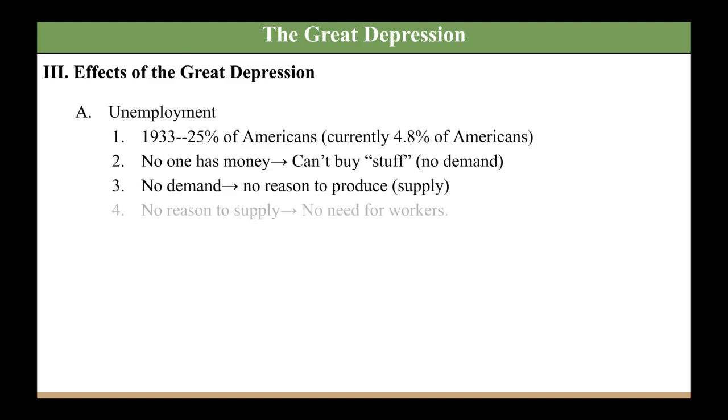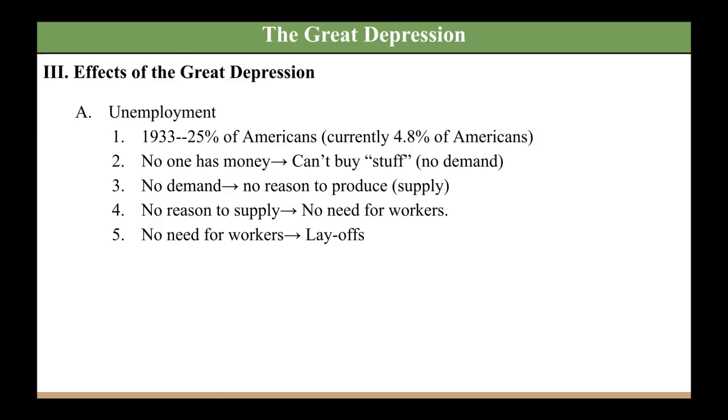And so when there's no reason to produce supply, they don't have a need for workers. They need fewer and fewer people to create fewer and fewer things to be sold, right? And so when there is no need for workers, we have layoffs. We have significant people being put out of jobs, being laid off, fired from their jobs. There's just not enough jobs to go around.